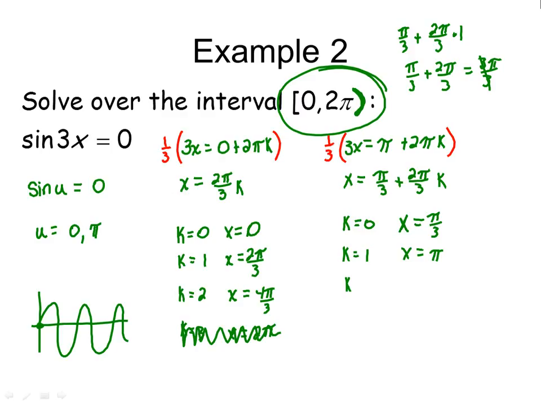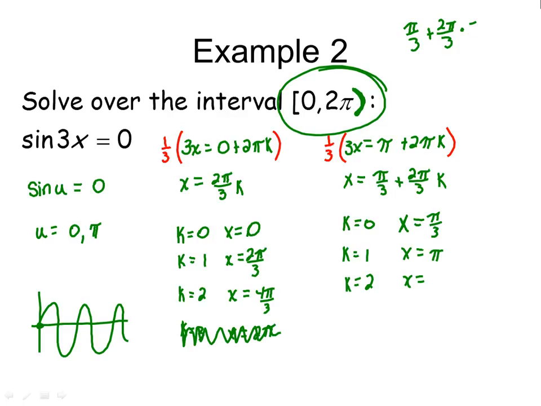Okay? If k is equal to 2, x is equal to, what do you think? Well, we have pi over 3 plus 2 pi over 3 times... not 5, times 2.